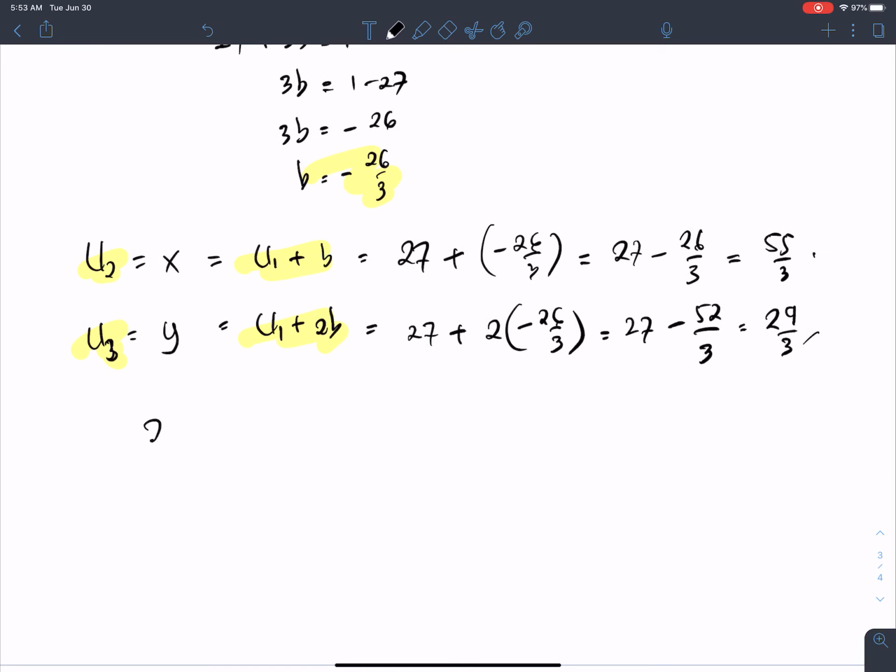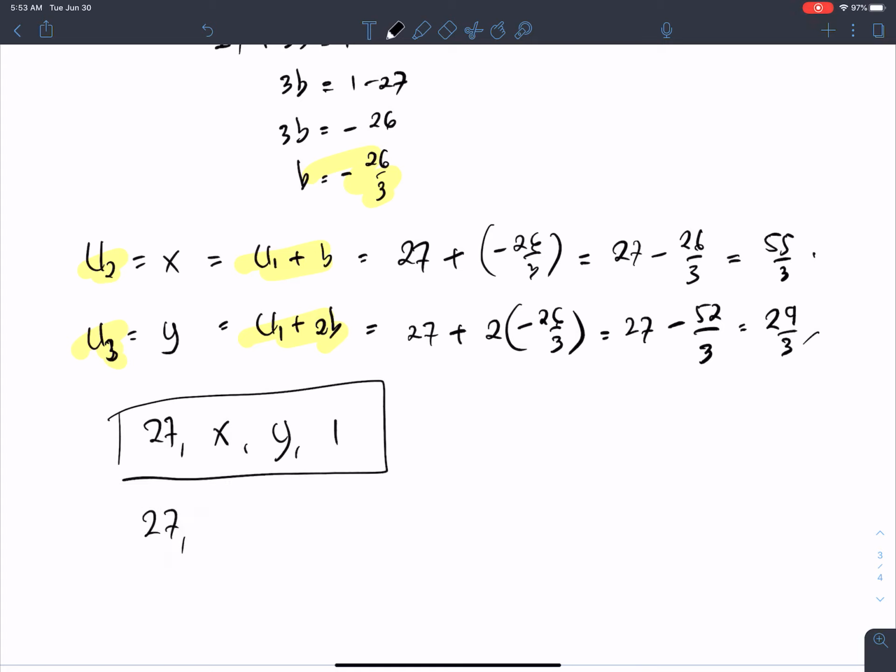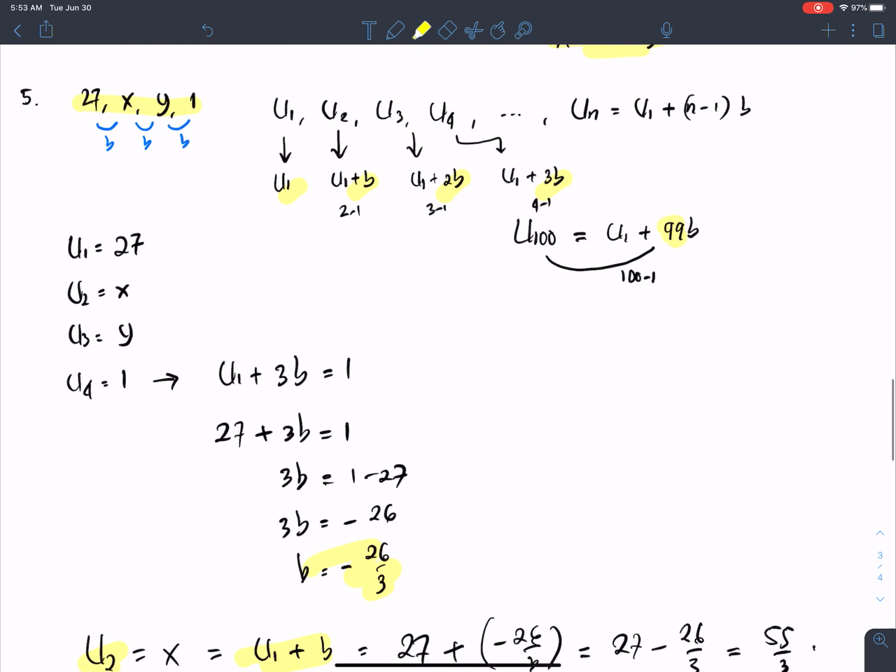So if we arrange 27, x, y, 1, since we already have x and y, the sequence is 27, 55 over 3, 29 over 3, and 1. So these are the numbers that we are looking for. Alright, it's quite easy, yeah?